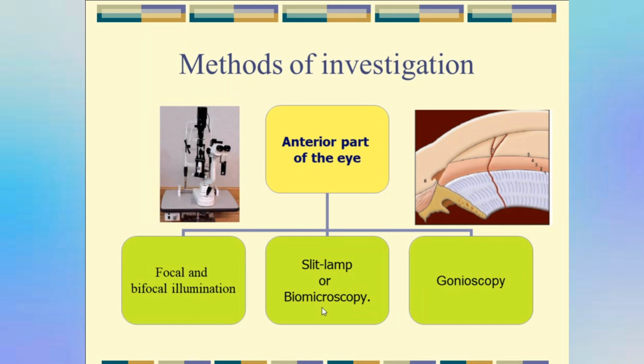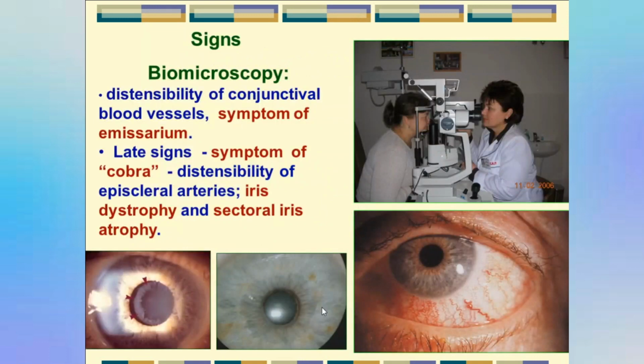So let's discuss methods of investigation which can help us to suspect glaucoma and make a correct diagnosis. We can examine the eye by focal illumination, by slit lamp, and make gonioscopy, examining the angle of the anterior chamber.